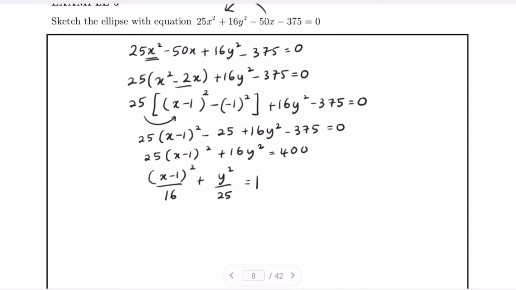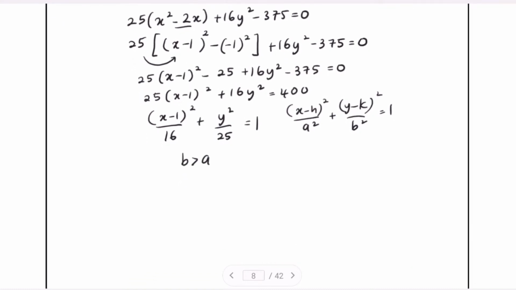From here, we're going to compare with our formula. We notice that our B is greater than A. So if B is greater than A, you know your ellipse will be looking like this.